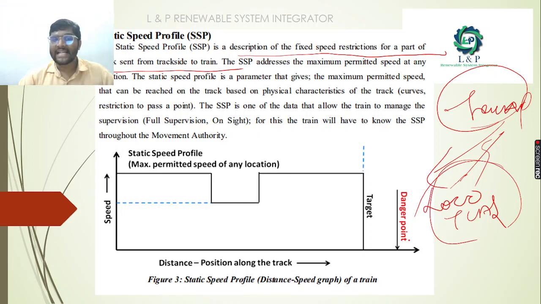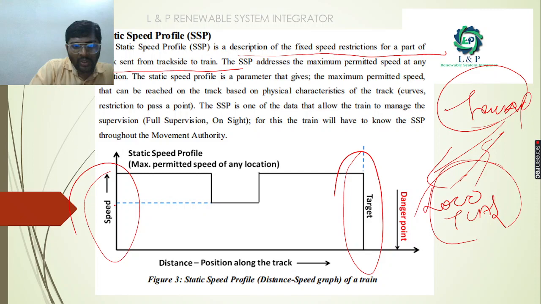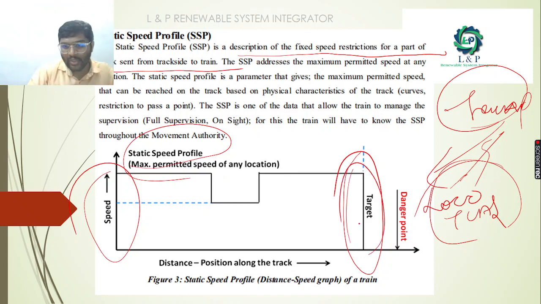If it is exceeding the static speed profile, immediately some warning has to be created. So how will we know it? Say for example, your target distance is this, and this is your concerned speed. When you are exceeding the static speed profile, there is a possibility for the train to hit the danger point.